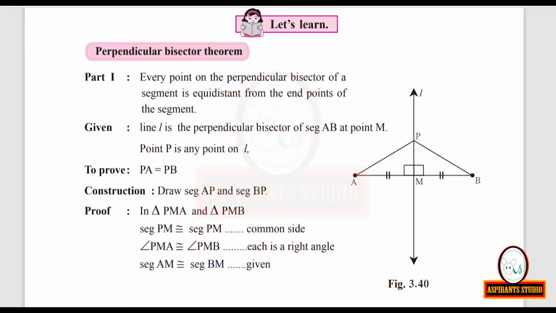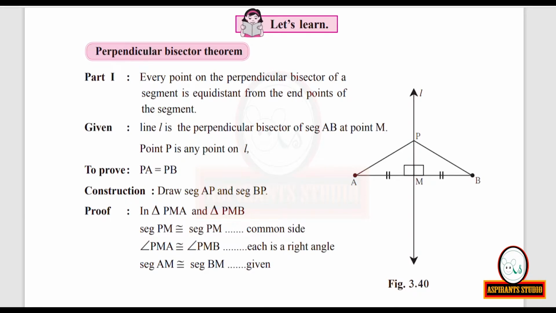Perpendicular bisector theorem. Part 1. Every point on the perpendicular bisector of a segment is equidistant from the end points of the segment. Look at figure 3.40.